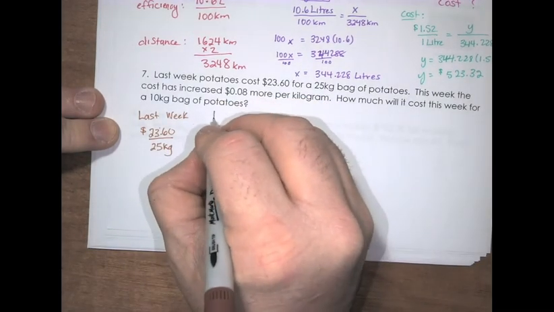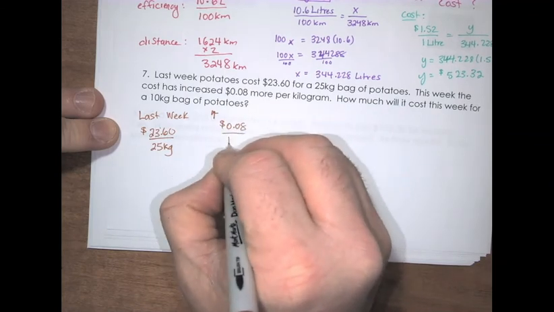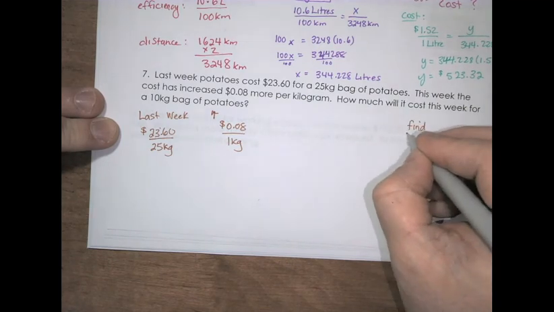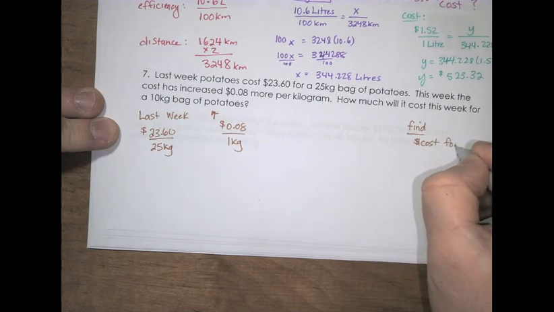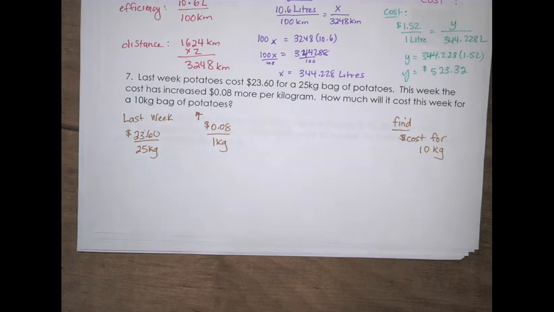We know we have an increase of 8 cents per 1 kilogram. And then we want to find, at the end, the cost for 10 kilograms.